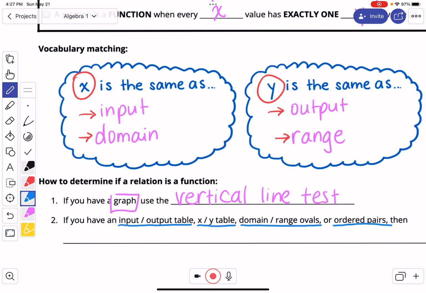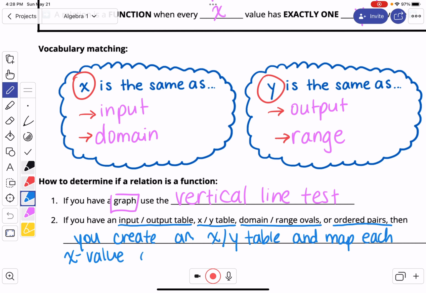So anytime that you don't have a graph, basically, then you create an XY table, if you weren't already given it, and map each x value onto the y values. And I'm going to show you exactly what that looks like in a moment. So if you need to pause the video here to get these notes, you can do that.